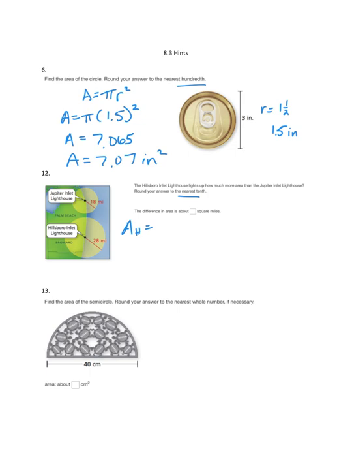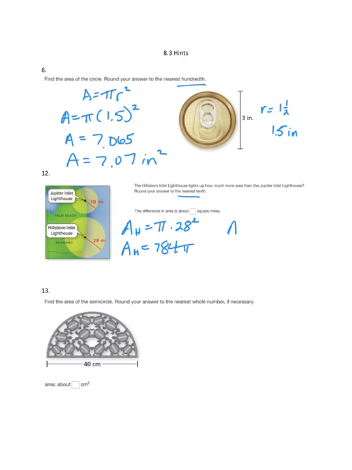So that's a radius of 28 miles. So we have pi times 28 squared. And I'll just simplify that. 28 squared is 784. So I'm going to say the area of that lighthouse is about 784 pi.